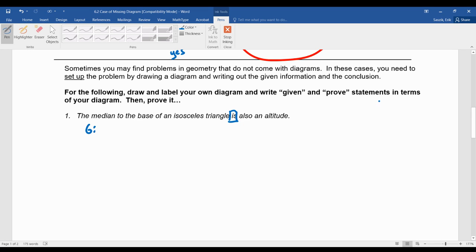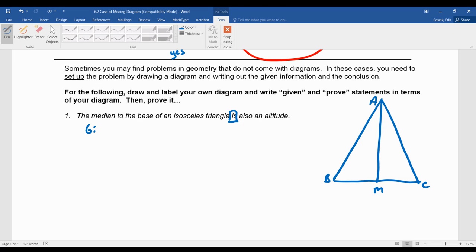So let's draw. Okay, I know I'm pretty boring here. We have an isosceles triangle, ABC. This is M. And it says the median to the base of an isosceles triangle is also an altitude. So in my given, I'm going to say that I was given what?